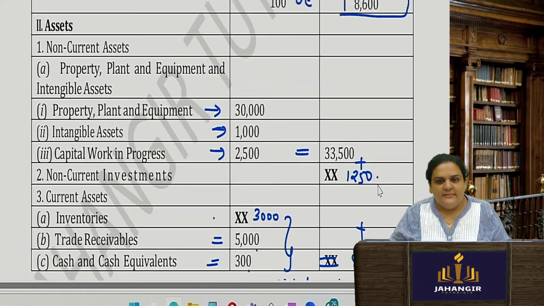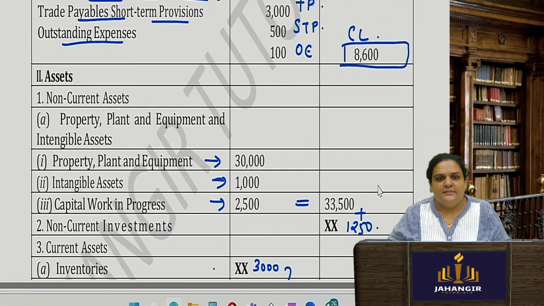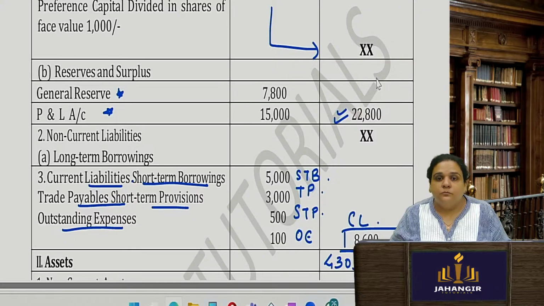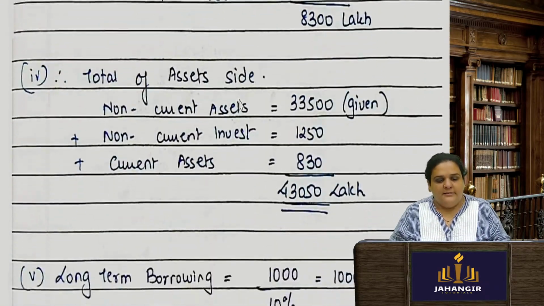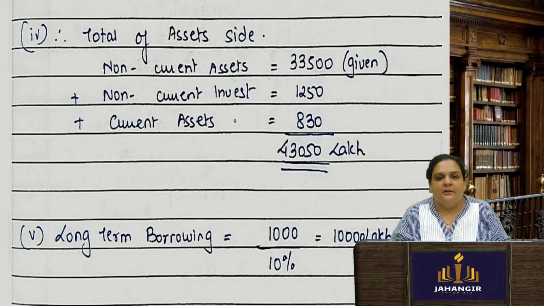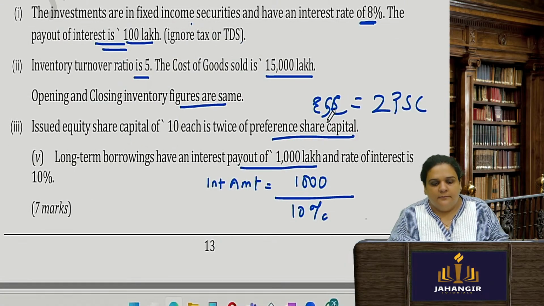So if the asset side total is 43,050, the liability side total also has to be 43,050. Chalo, no problem. Next, the total of the asset side I have done: non-current assets given, non-current investment and current assets. Okay, 8,300 it is.